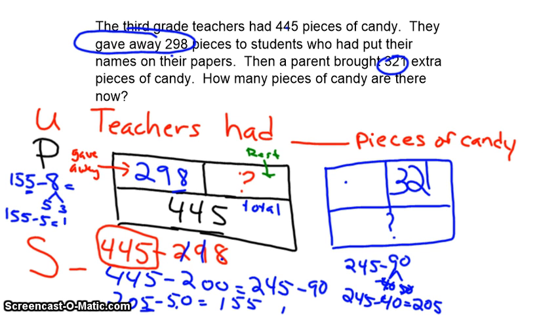It's 150. Now I have 150 minus 3. 3 is 140. Count backwards by 3.